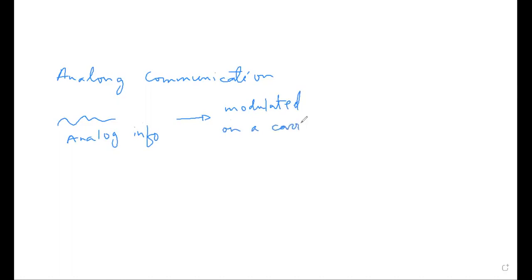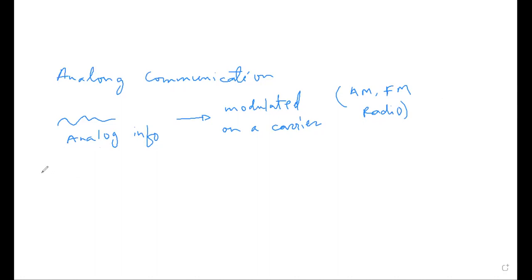The examples are like AM, FM radio. So this is what you covered in the last semester. Okay, double sideband modulation or different things. So the original information was analog, and you modulate it on a carrier.